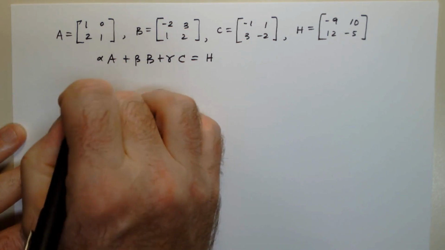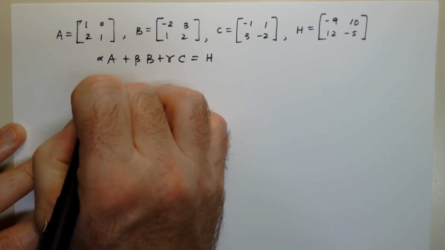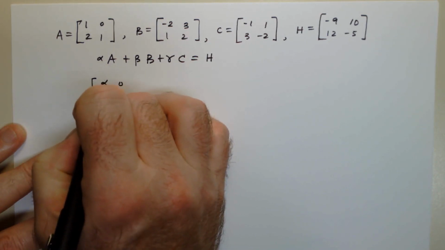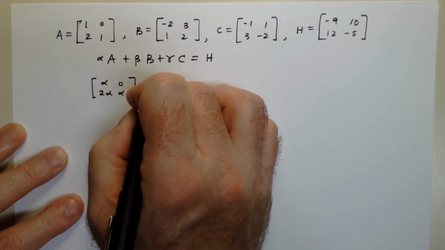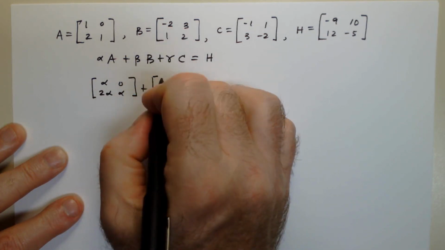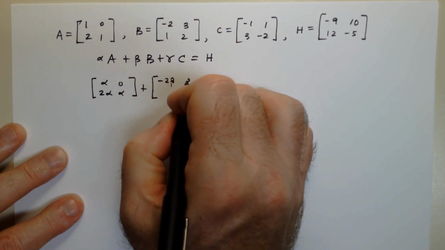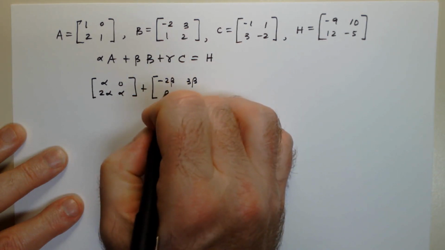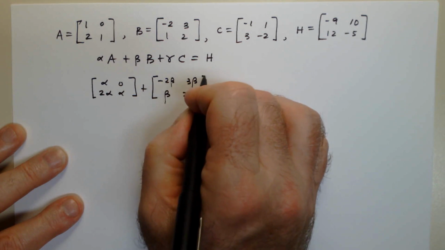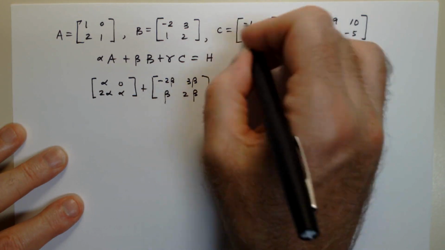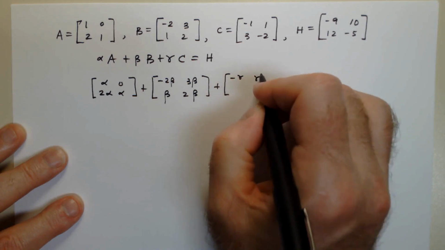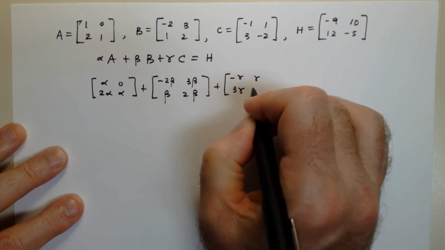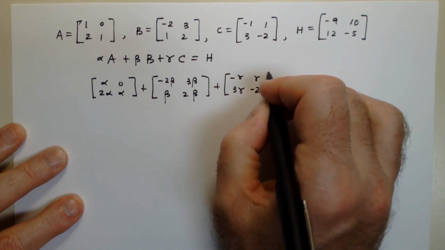So alpha times A reduces to alpha, 0, 2 alpha, alpha. Beta times B will be minus 2 beta, 3 beta, beta, and 2 beta. And gamma times C will be minus gamma, gamma, 3 gamma, minus 2 gamma.